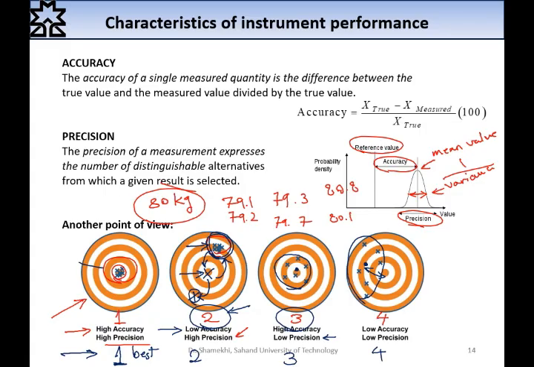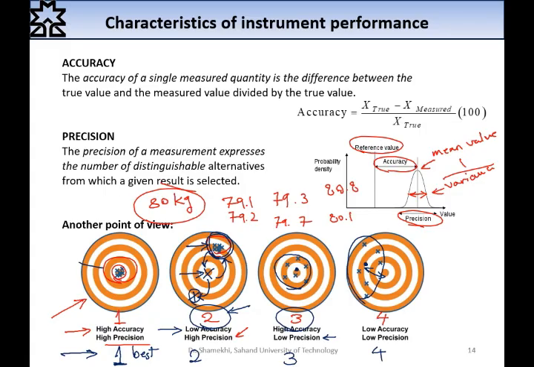For example, 79.1, 79.2, 79.3, 80.1, 80.8, many measurements. And the mean value of these measurements, for example thousands of measurements, the difference between the mean value of these measurements and the reference value of 80 kilograms, we call it accuracy.